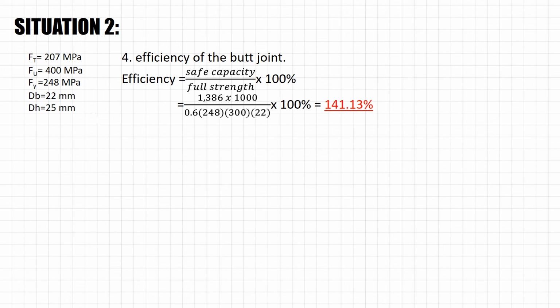So 1,386 kilonewton kasi to, multiply natin ng 1,000 para maging newton over 0.6 multiply by 248 yung Fy natin multiply by 300 mm multiply by 22 mm times 100%. So ang maging answer natin dyan is 141.13%. Thank you.